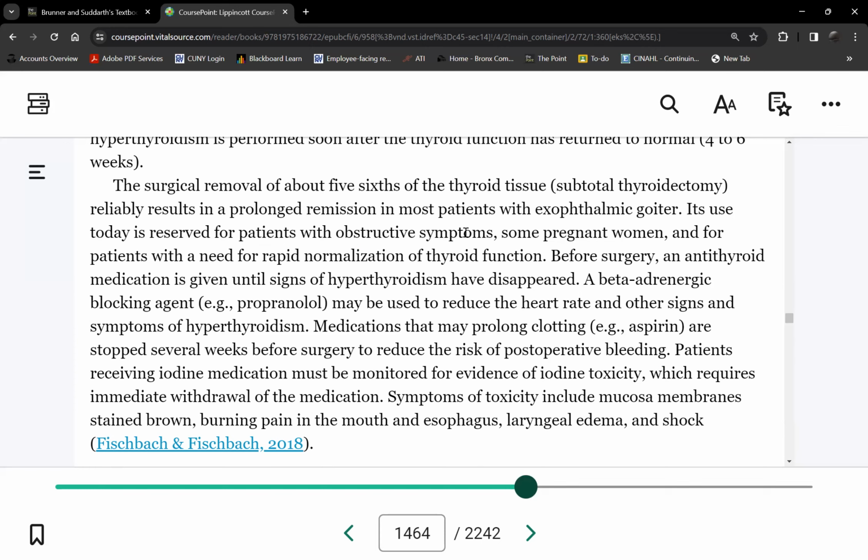Before surgery, an antithyroid medication is given until signs of hyperthyroidism have disappeared. Beta blockers are given to control the heart rate and other symptoms. We stop anything that will cause bleeding, anticoagulants or aspirin. And if they did receive iodine preparation, make sure they did not develop thyroid storm.